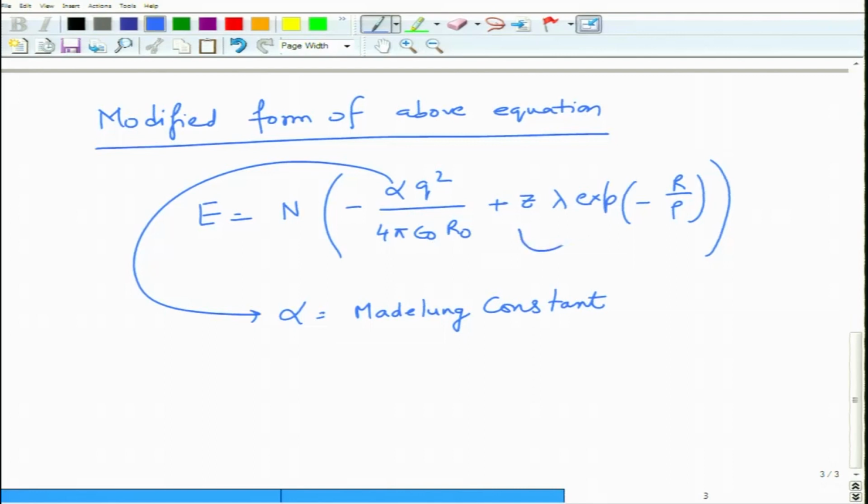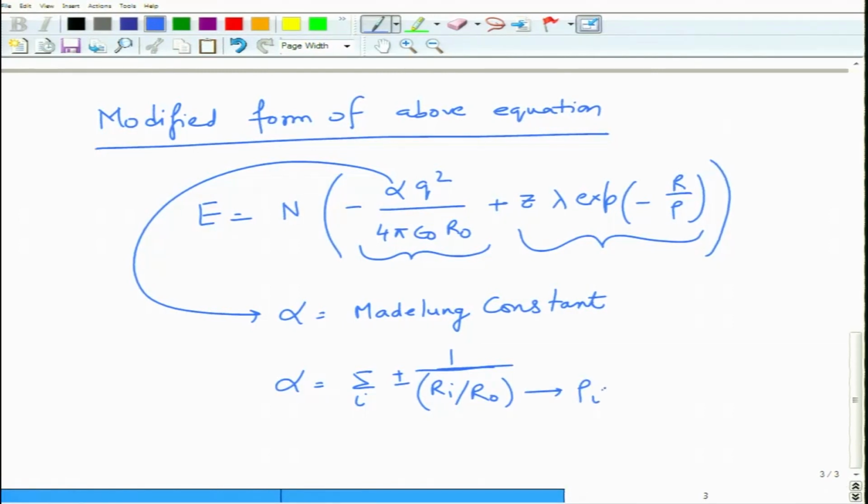So basically again this is the repulsion term, you can see, and it varies exponentially as a function of distance, and this is your attraction term, and this Madelung constant alpha is defined as the sum over i of plus or minus 1 over Ri divided by R naught, and this is basically also called rho i.